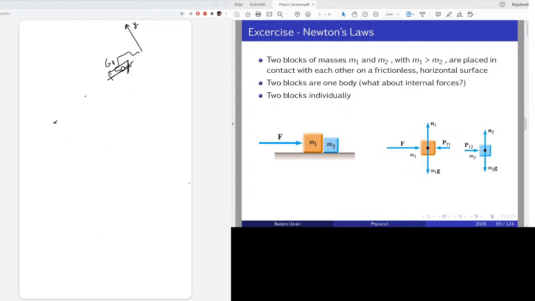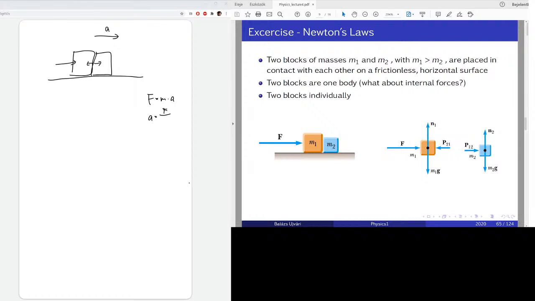If you have two boxes, and if you push it, there will be forces between the boxes, and if they remain together, the full acceleration, remember Newton's law said if there is a force that acts on the mass, you can calculate it like F over m.